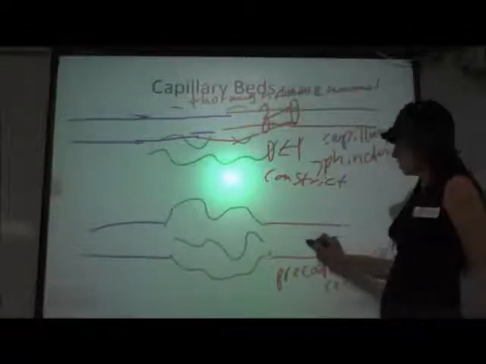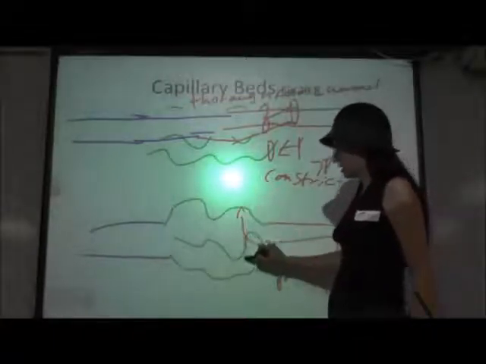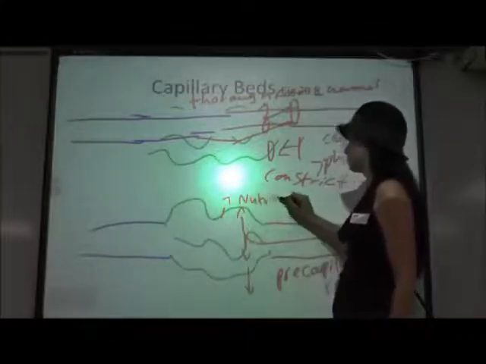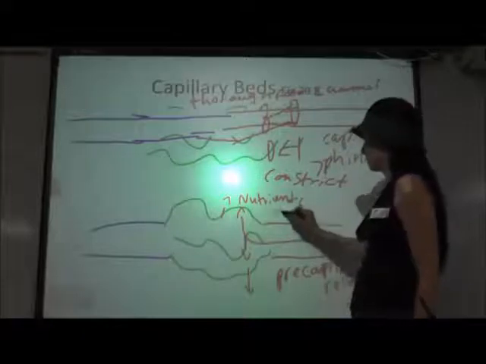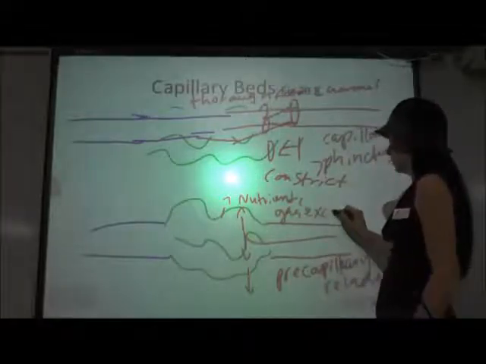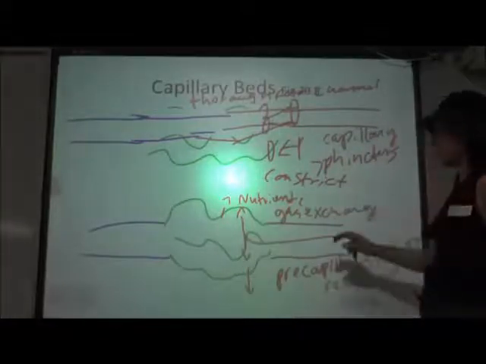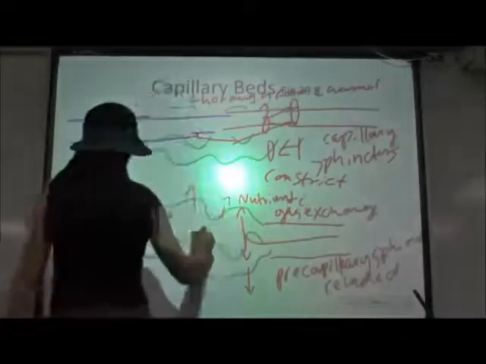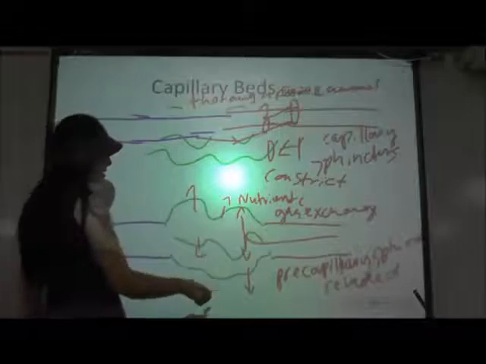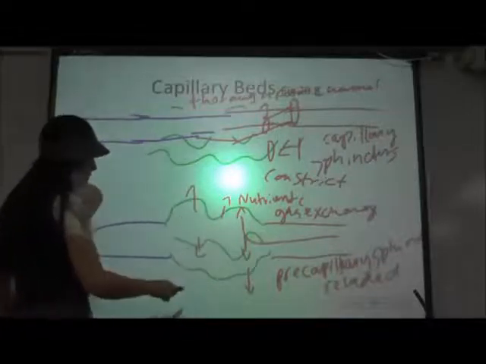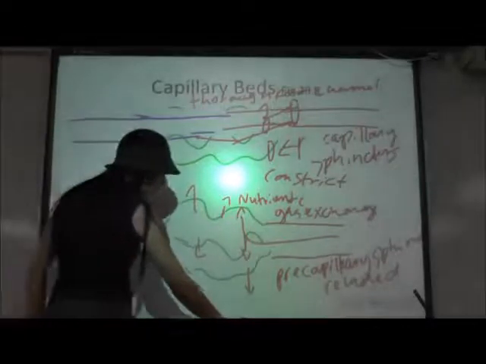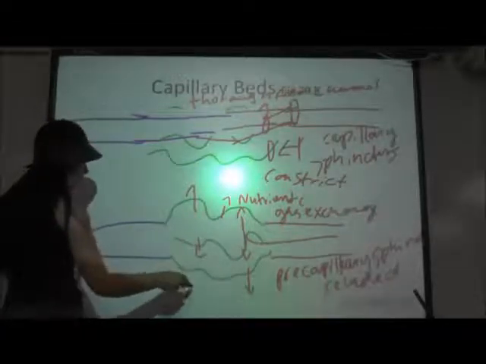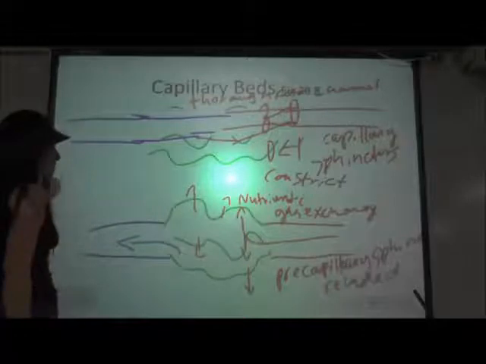Then this blood will be able to enter the capillaries, and we'll have nutrient and gas exchange. We call this perfusion of a capillary bed. We'll drop off CO2, nutrients, hormones, all that stuff, and then on the venule side, we'll pick up our CO2, pick up our waste, and that blood will exit into a venule.